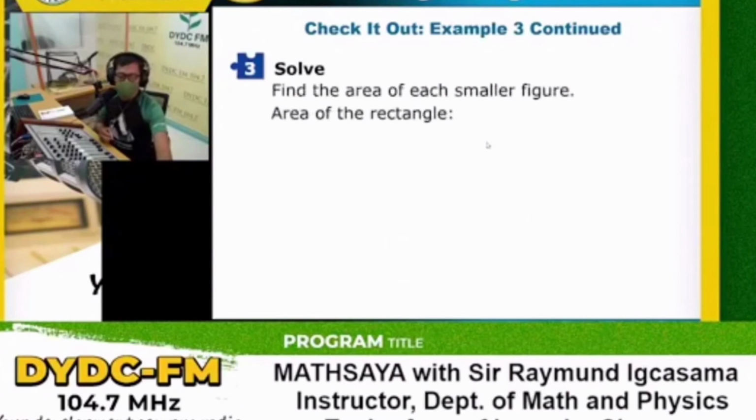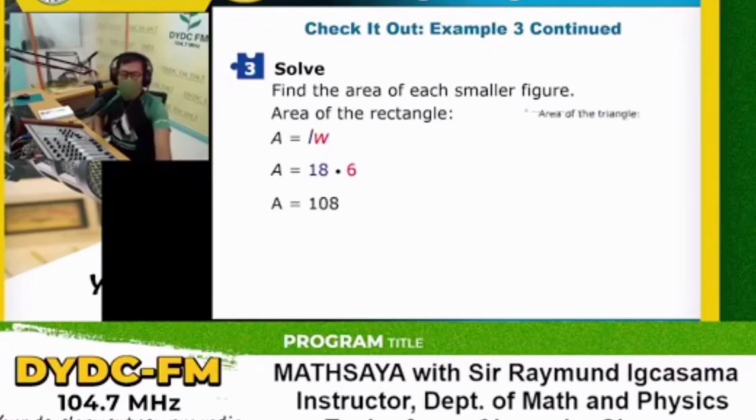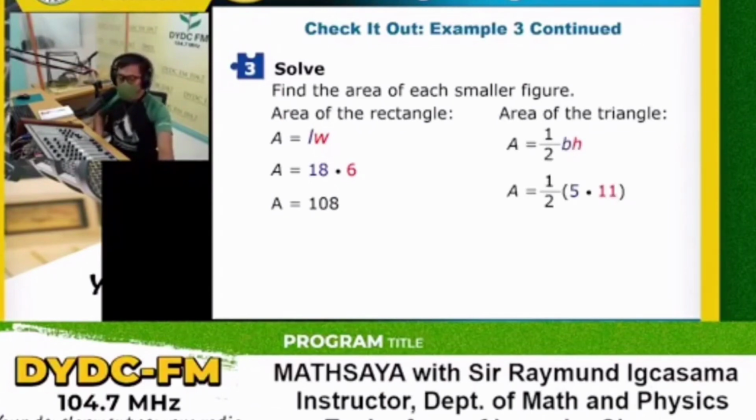So our solution for that, find the area of the rectangle. So you can have the length times width, and then 18 times 6, that's 108. And how about the area of the triangle? That's 1/2 of BH. Okay, base is 5, height is 11. So 55 divided by 2, that is 27.5. Okay?